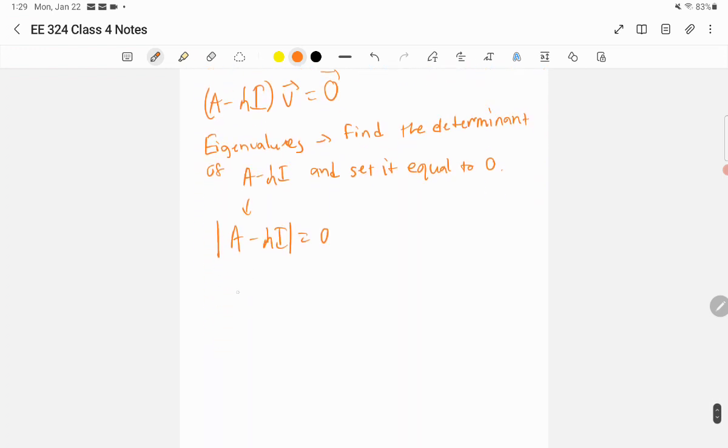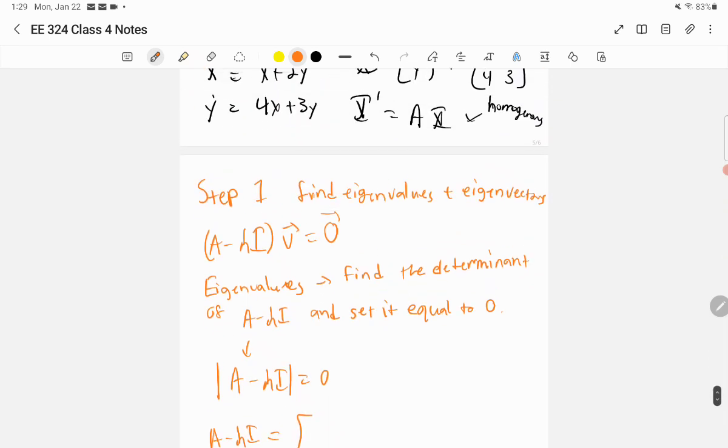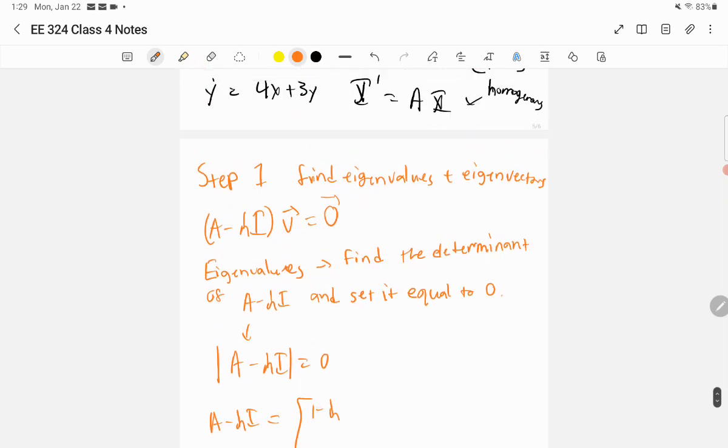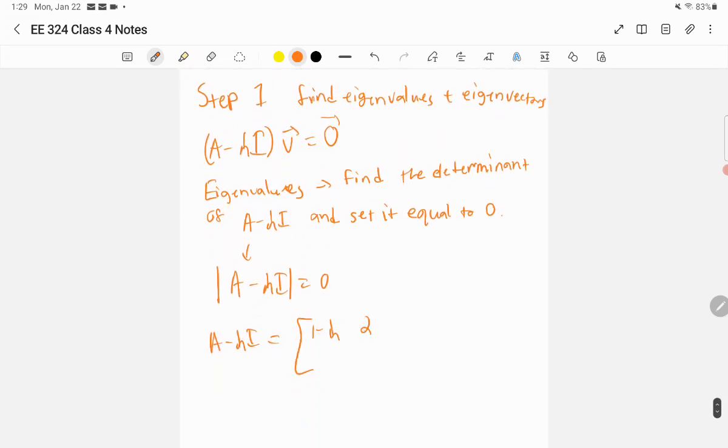We have the matrix A minus lambda I is equal to the following matrix. It's going to be 1 minus lambda, 2, 4, and 3 minus lambda. Right?